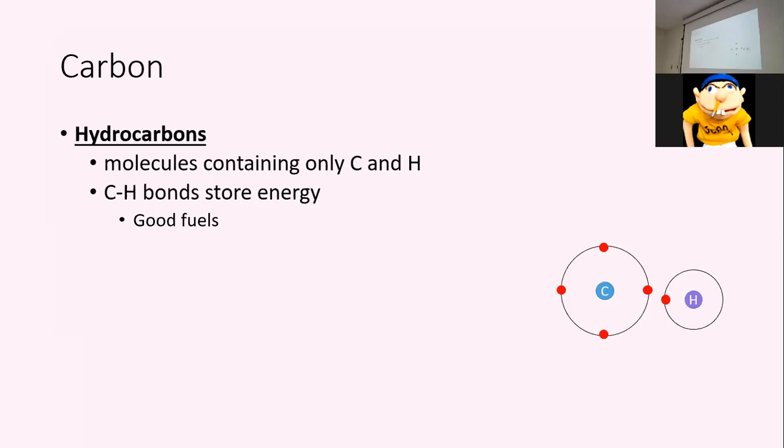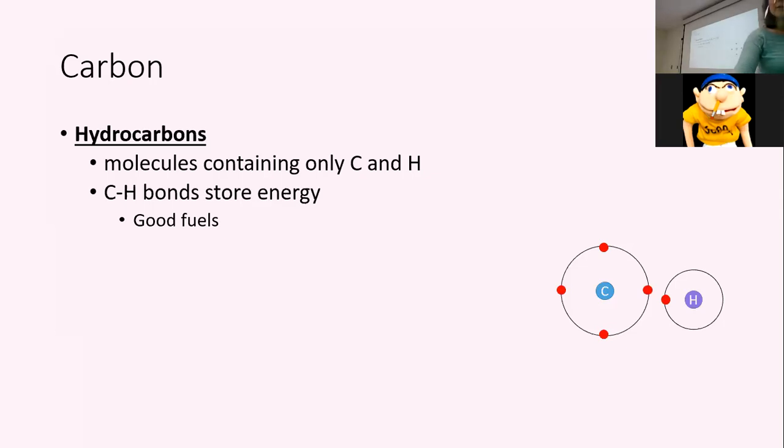The oxidation, the breaking of those bonds, releases energy. So because we can store energy in carbon-hydrogen bonds, they make good fuels. These are your sugars, your carbohydrates, your fats, gases, propane, petroleum, those sorts of things. They're all made up of these carbon-hydrogen bonds because they're good for storing energy.